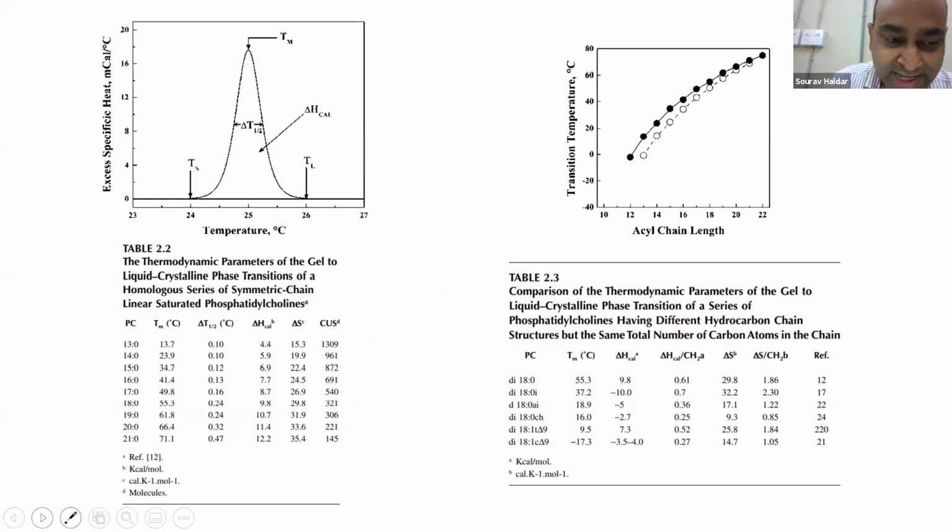So more unsaturation, more fluidity; less unsaturation, less fluidity and higher phase transition temperature. If your membrane is exclusively made of saturated lipids, it will have a very high phase transition temperature. On the other hand, if it has a significant amount of unsaturated lipid, meaning double bonds in the acyl chain, it will have a very low phase transition temperature.